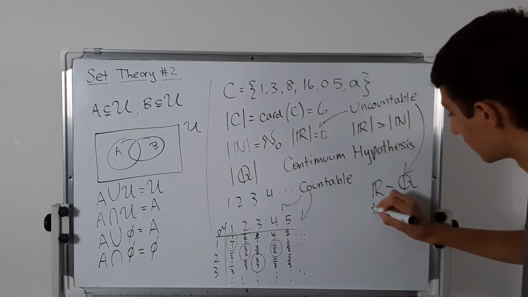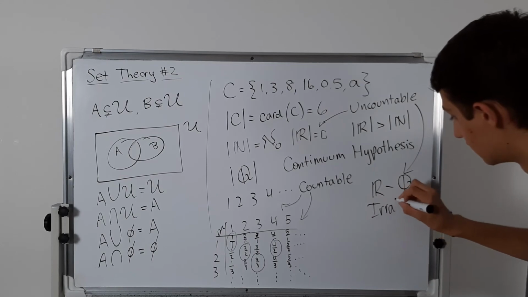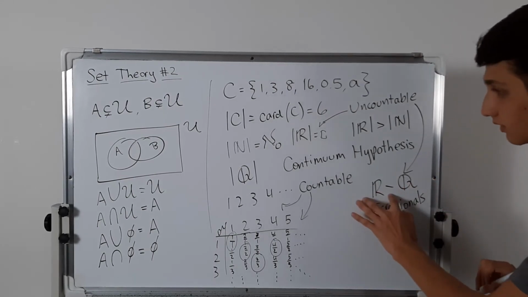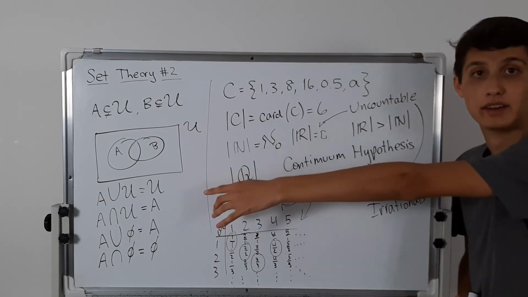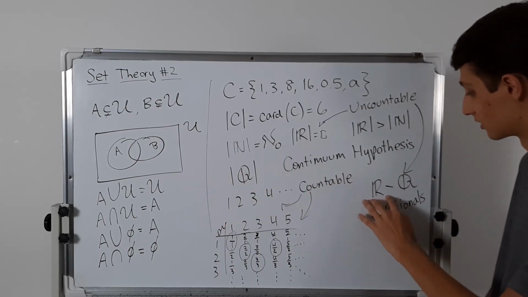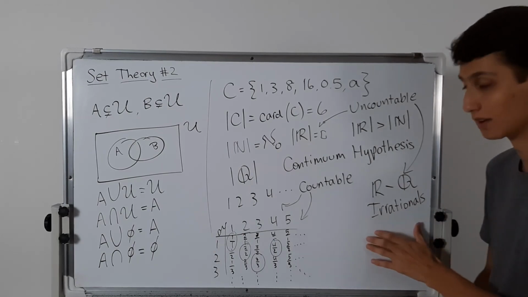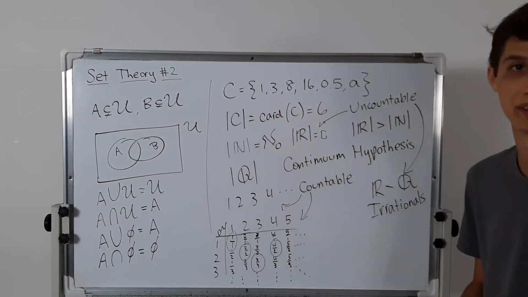So these are the irrationals. R, in a sense, is a universal set for this. We're taking the universal set and subtracting away a portion of it, and we're left with the irrationals. So that's a little bit of an application here.